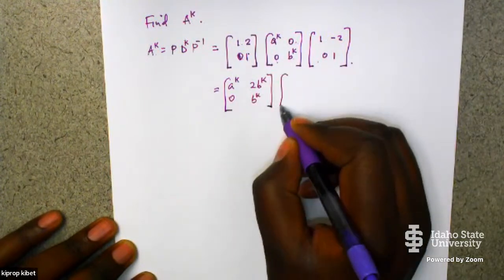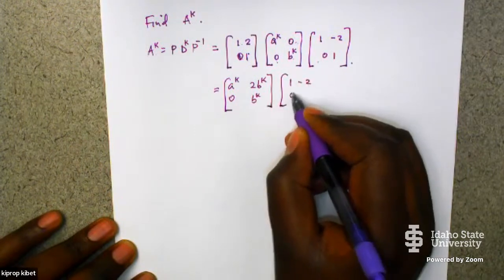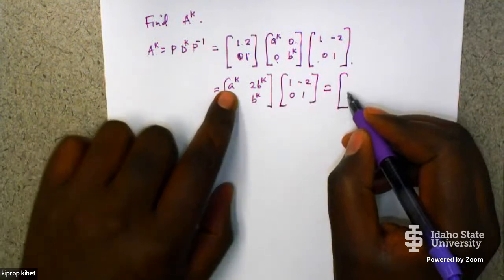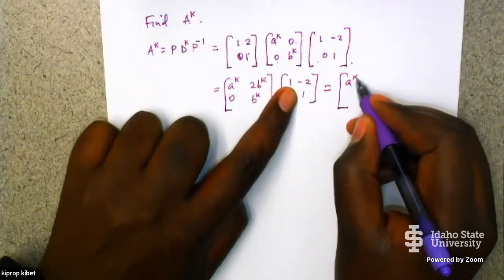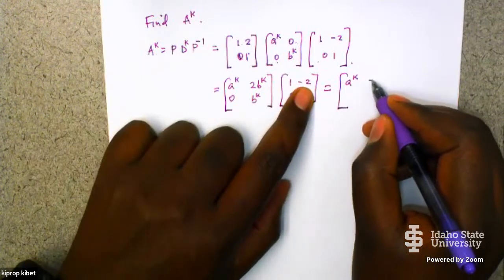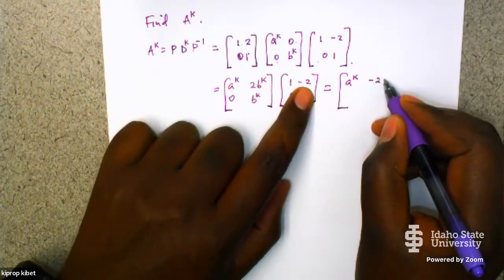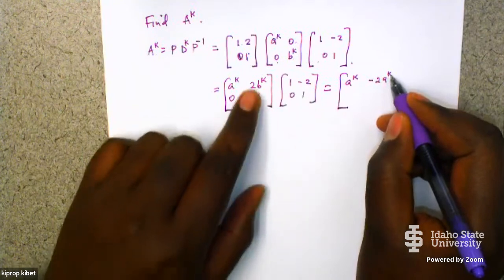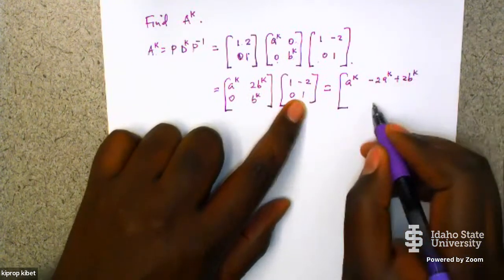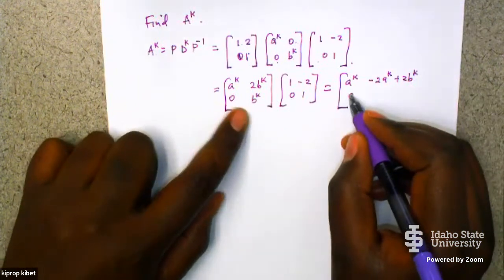Again, when we multiply by 1, -2, 0, and 1, then it is equal to, this is A^k minus 2A^k, and then plus 2B^k, 0.